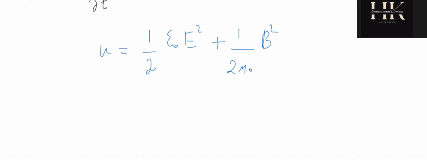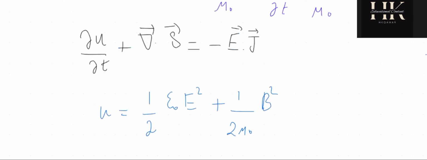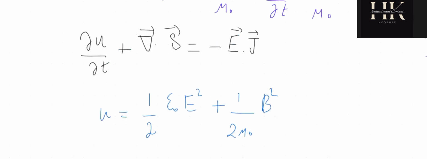Now, in order to derive the Poynting theorem, we need the value of curly U by curly T. So we will take the time derivative of this equation.